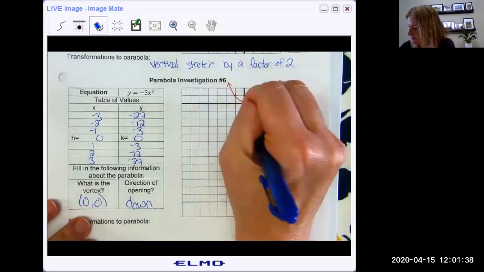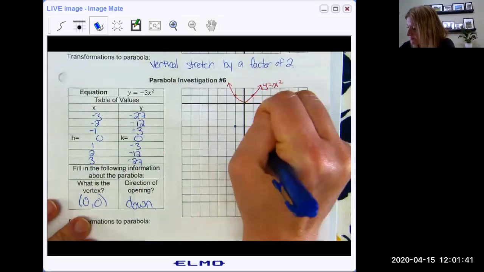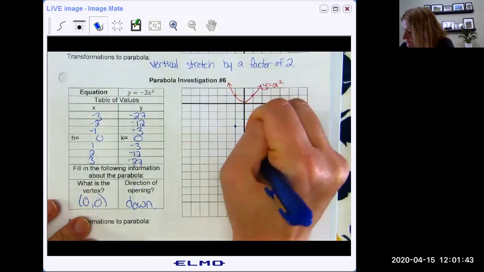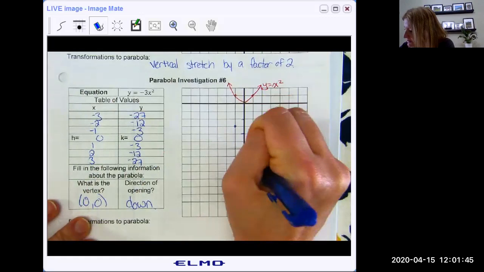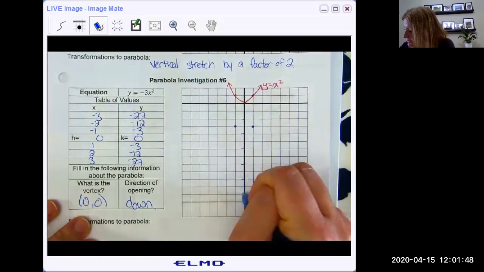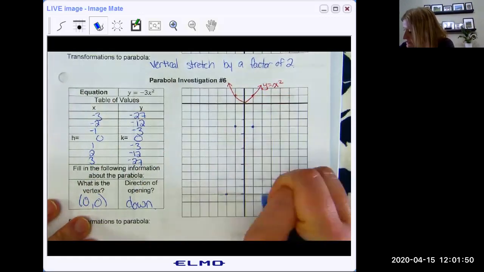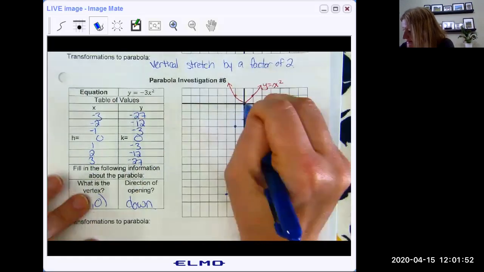Oh boy. 2, 4, 8, 10, negative 12. This is a narrow parabola.